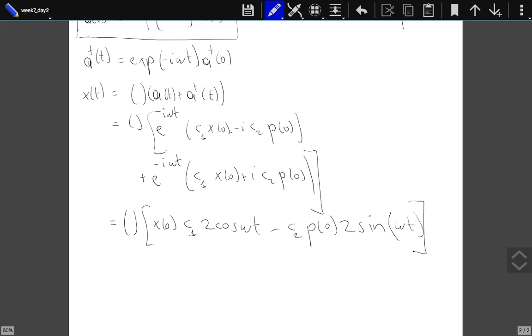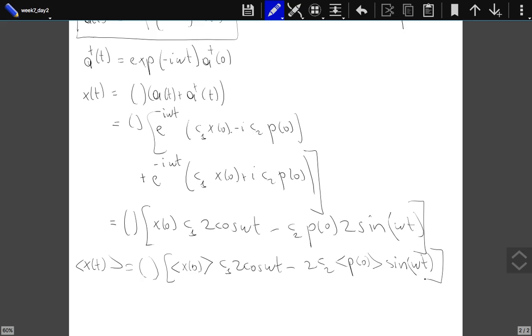With time. Well, just take the expectation value of this. You see the expectation value, just sandwich it between a bra and the ket.